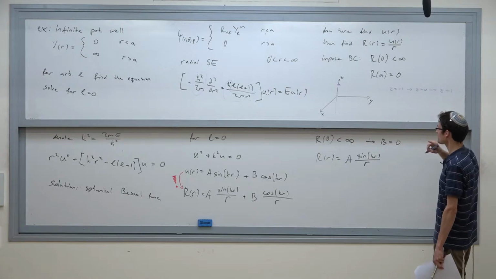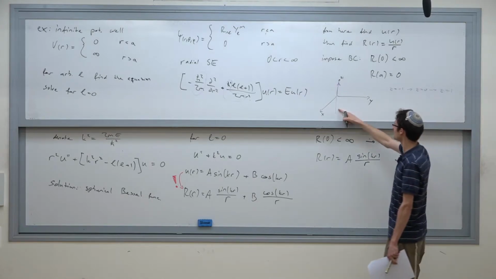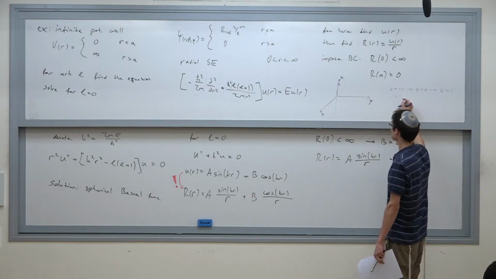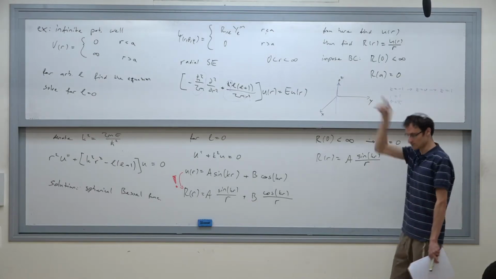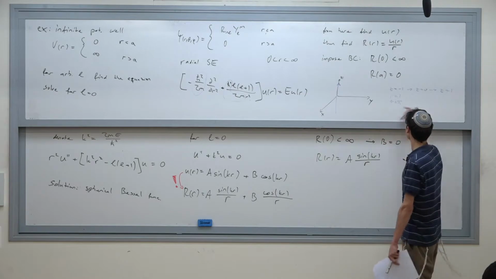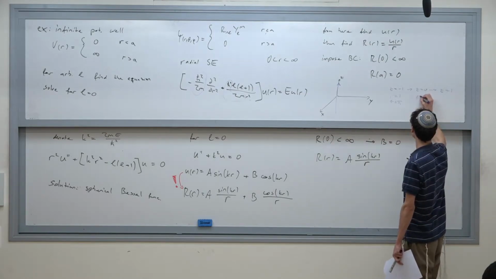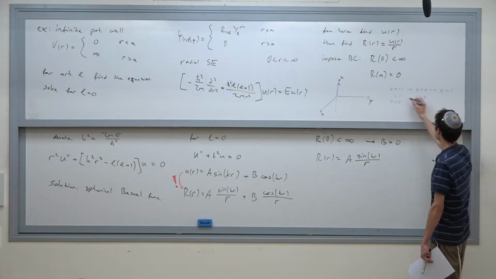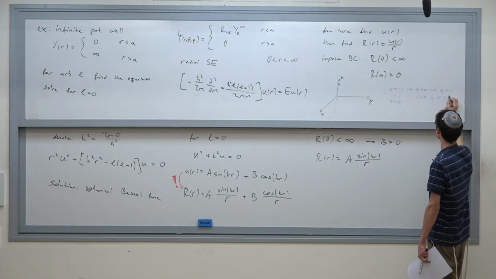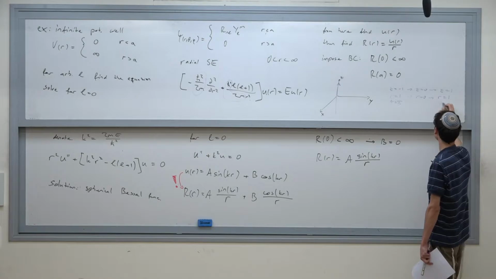But in spherical coordinates, this point down here is r equals 1, but theta equals pi, because I'm looking down. Then I get to the origin, where r equals 0 and theta is irrelevant, because I'm at the origin. And then I go on to the next point, where r equals 1 again, I'm positive, but theta equals 0.